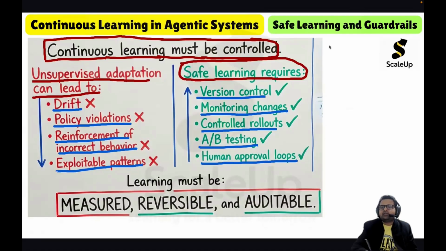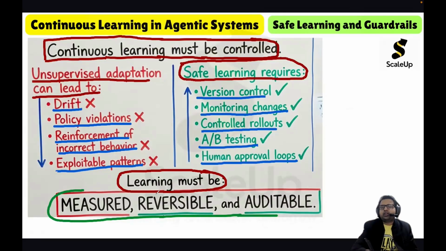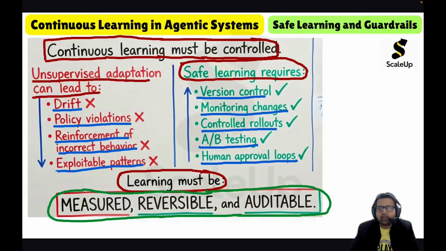So the idea is that continuous learning in agentic systems must be measured, reversible, and auditable. So the learning should be measured, it should be reversible, wherein we should be able to undo the changes, we should be able to unlearn, and auditable. So this is a very important discussion we had, safe learning and guardrails.